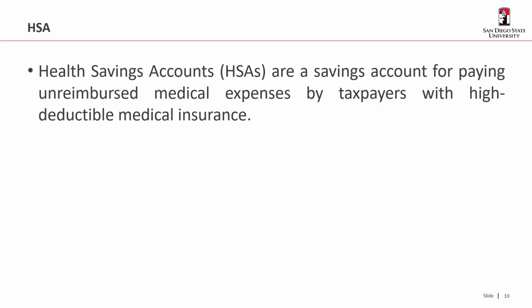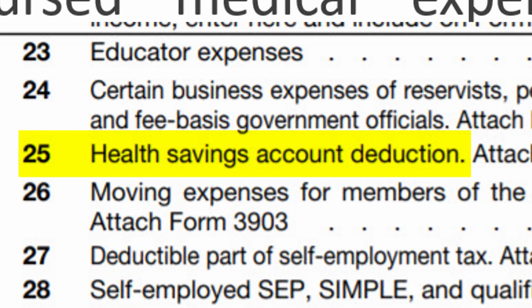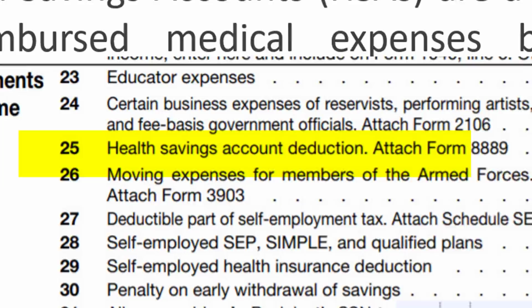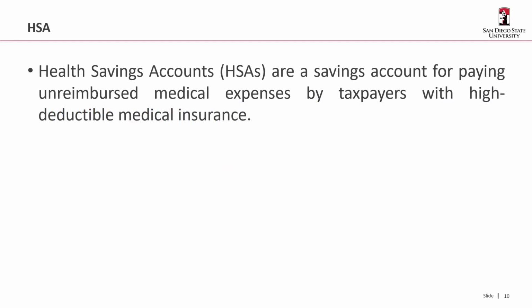And so long as they use that money for health expenses, they don't have to include that amount in income. So basically they take a deduction for it when they contribute it in, and as long as they spend it on medical expenses, they don't have to include it in income when they pull it out.